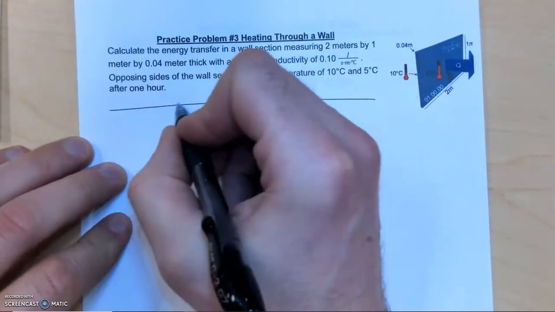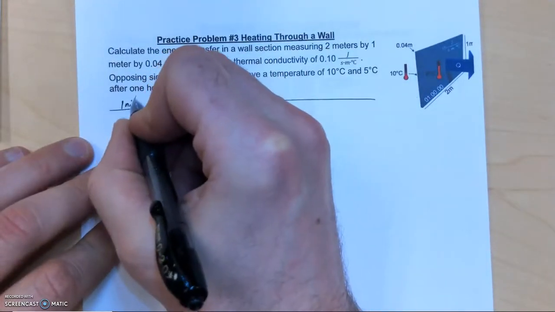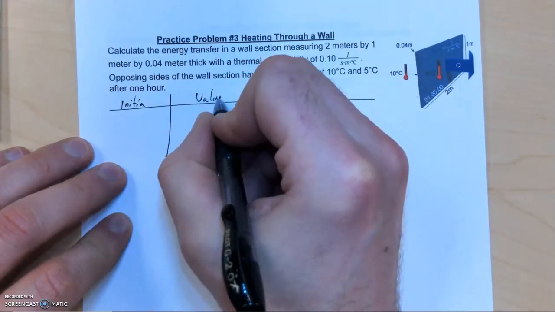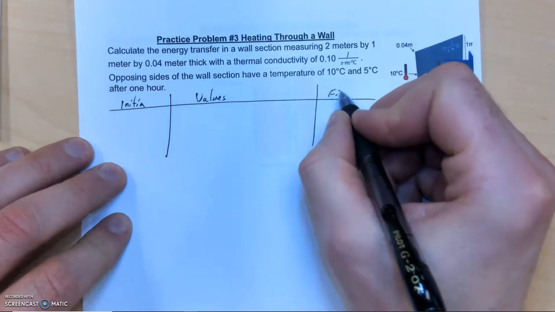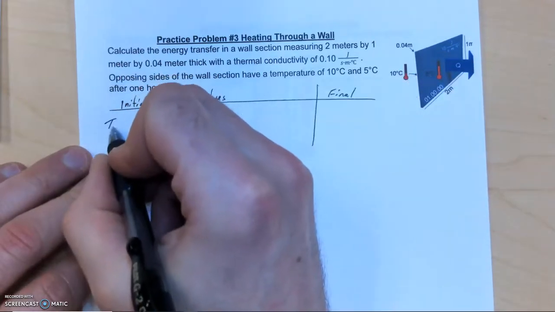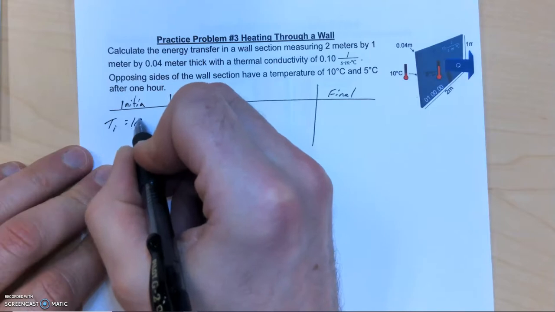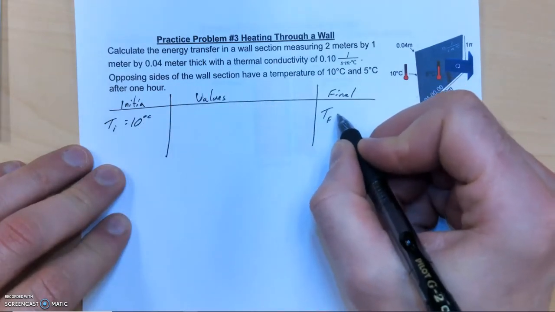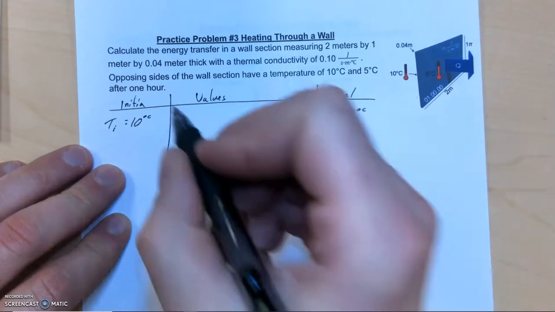As before, let's write down what we know. So our initial, our values, and our final. Well, we know our initial temperature, Ti, is 10 degrees Celsius. We know our final temperature, Tf, is 5 degrees Celsius.